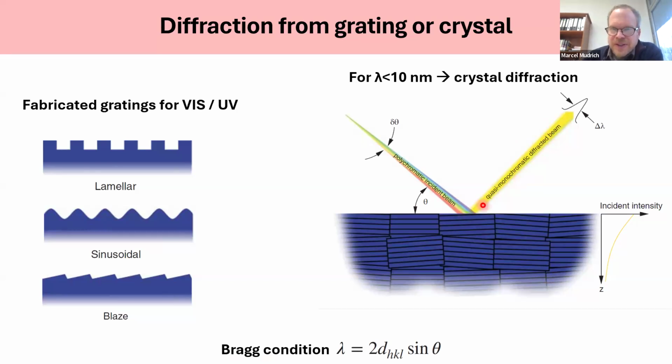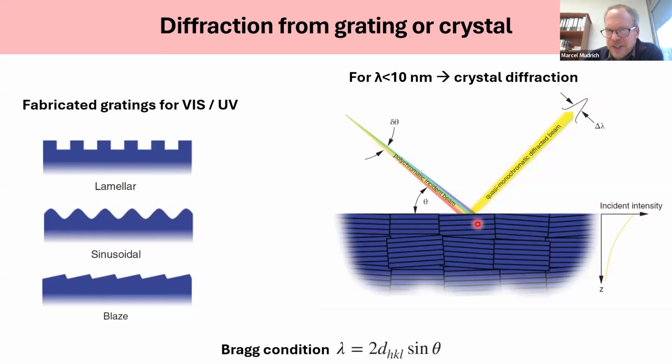Of course, the light also penetrates into the material with some exponential damping, according to Beer-Lambert's law. So one question is how many lattice planes of the crystal we actually illuminate. That will determine the width of the reflected order.